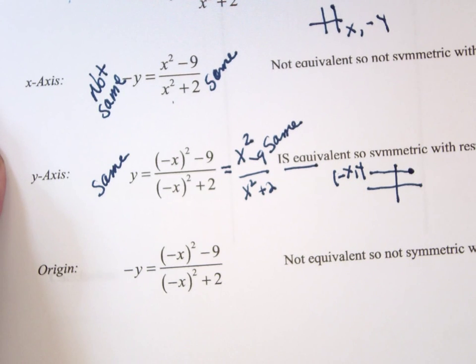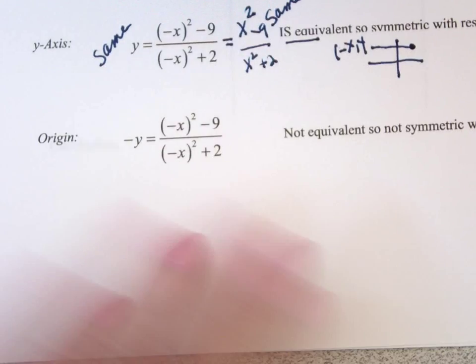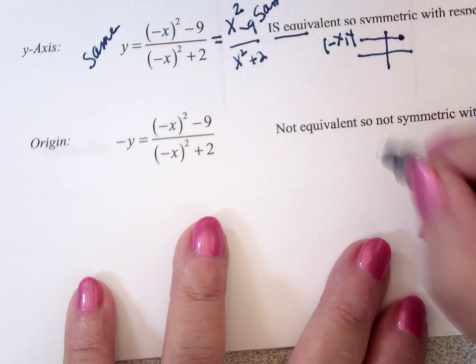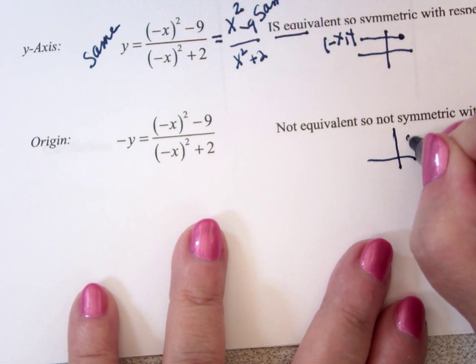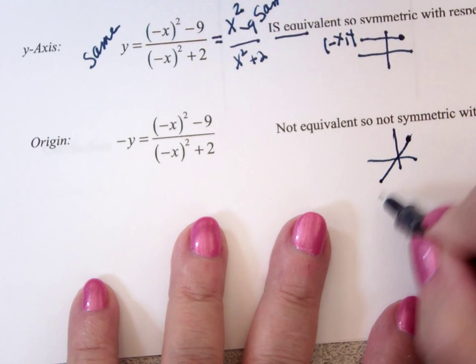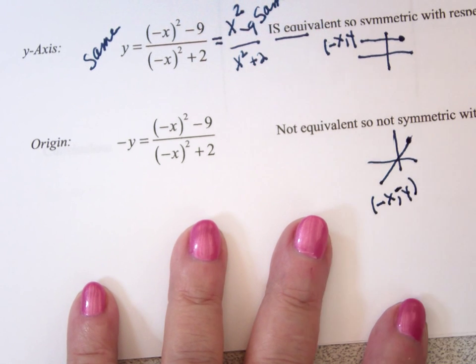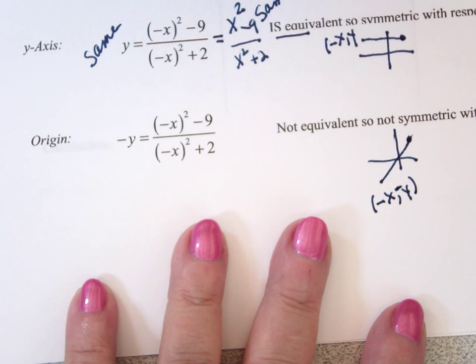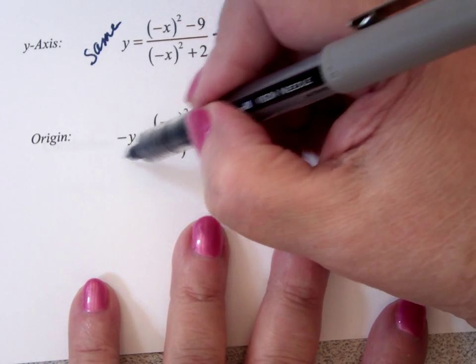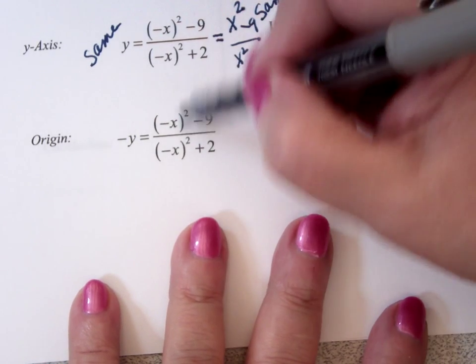So I look for, and then if origin again, I pick a point, image it through the origin, that says I change both x and y. I changed y, I changed x.